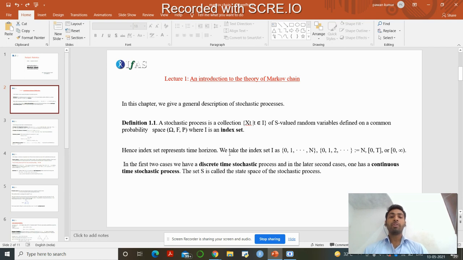If we take the index set I as 0, 1, 2, ..., n, this is countable; 0, 1, 2, ... is countably infinite; and 0 to T, or 0 to infinity, are intervals.